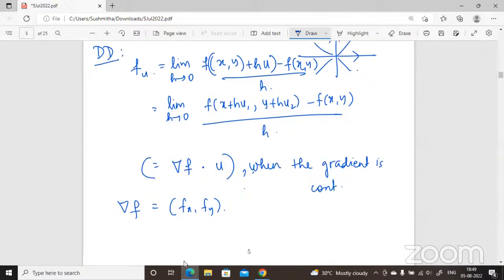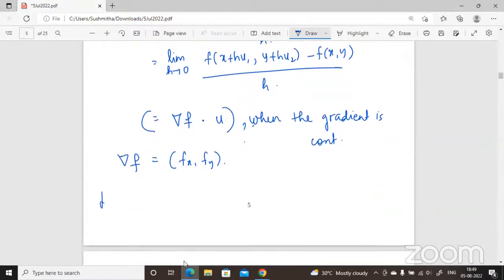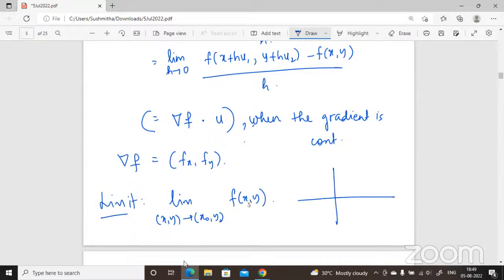Okay. So how do you find the limit actually? Limit of multivariable functions. Limit as x comma y goes to x naught comma y naught of f of x comma y. How do we do this? In the single variable case, we just had left hand limit, right hand limit.